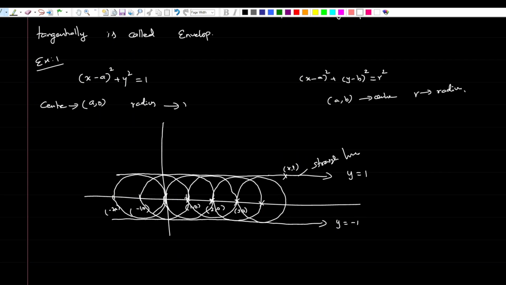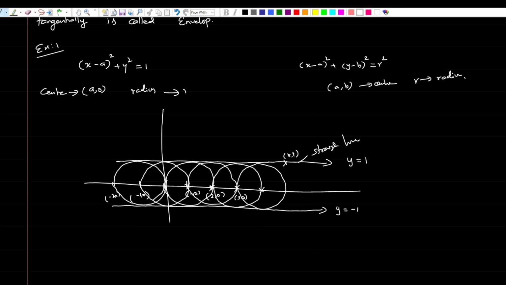So let me prove this theoretically. We are going to prove that the envelope of this family of circles x minus a the whole square plus y square equal to 1 is the straight line y equal to plus or minus 1. So how are we going to find the envelope? What are the steps?